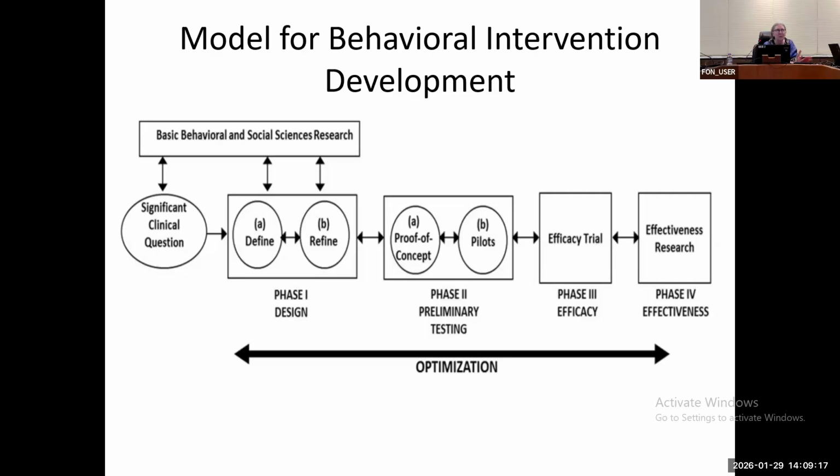Generally speaking, if you want to put something in the protocol, usually 70% is what is considered to be good engagement with the intervention. Moderate engagement would be from 40 to 70%, and low engagement is 0 to 40. So that's usually how low, medium, and high engagement is labeled.